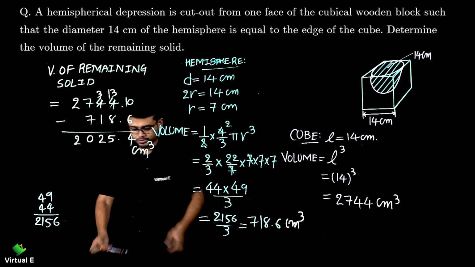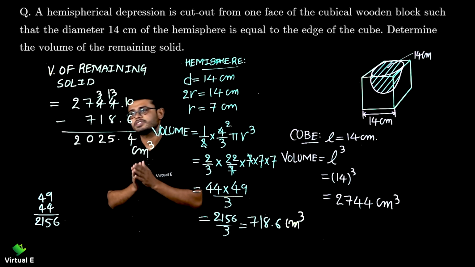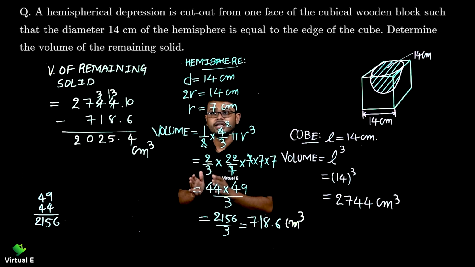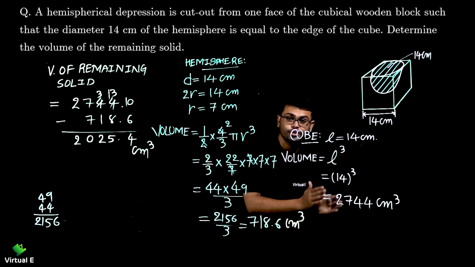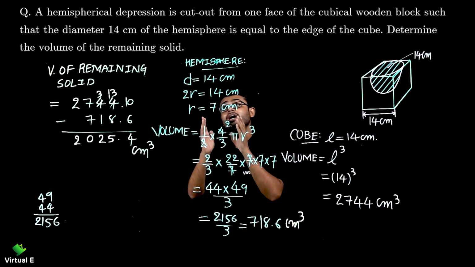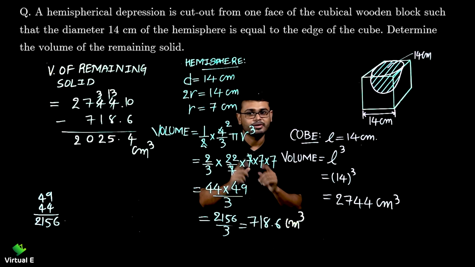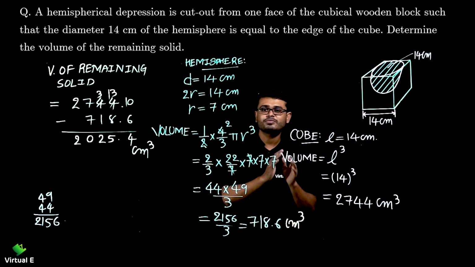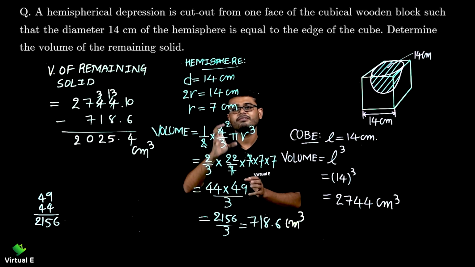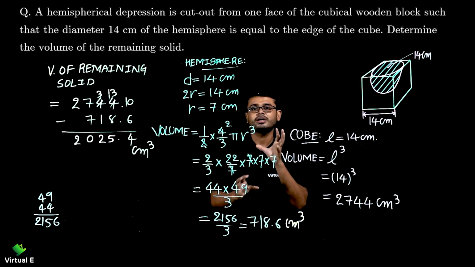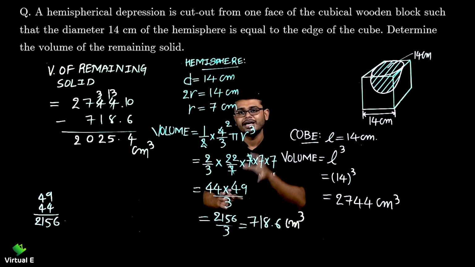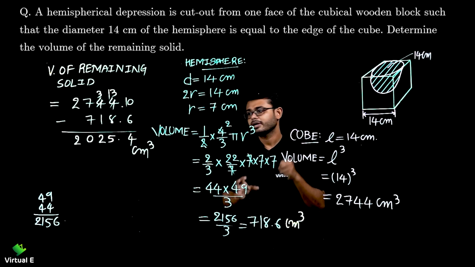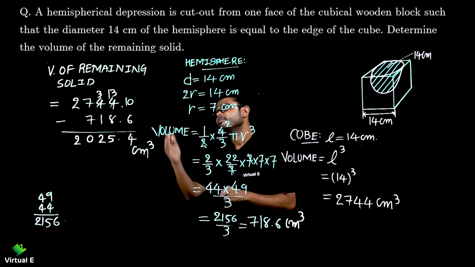Now you must be confused: while finding the surface area, this is an important point, we were adding the surface area of the cube and the surface area of the hemisphere. Remember, you can rewind and see that video one more time. But in this case we are removing it. While we talk about the volume, we are talking about some portion of the solid and we are removing that portion, so that's why we are subtracting.